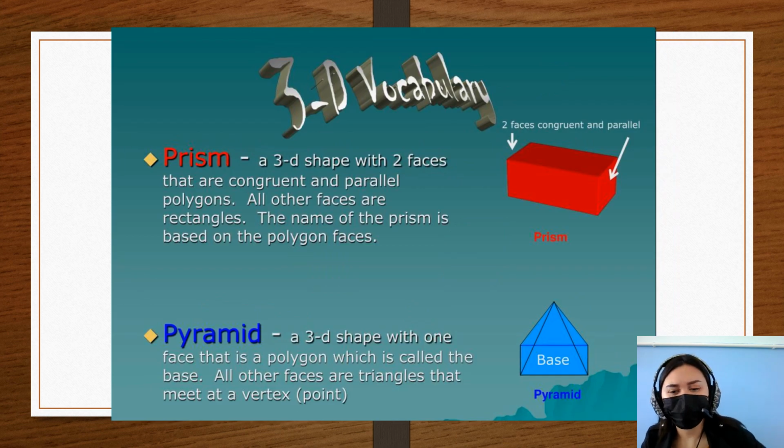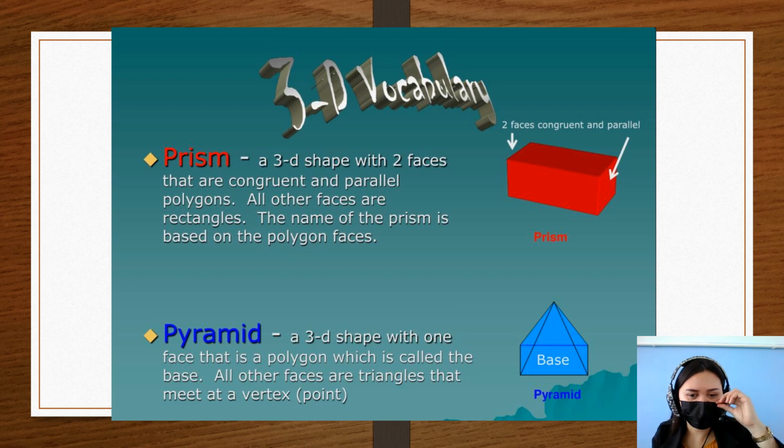Now let us read first this vocabulary about 3D. Prism. A prism is a 3D shape with two faces that are congruent and parallel polygons. All other faces are rectangles. The name of this prism is based on the polygon face or faces. So it is an example of a prism. Pyramid.